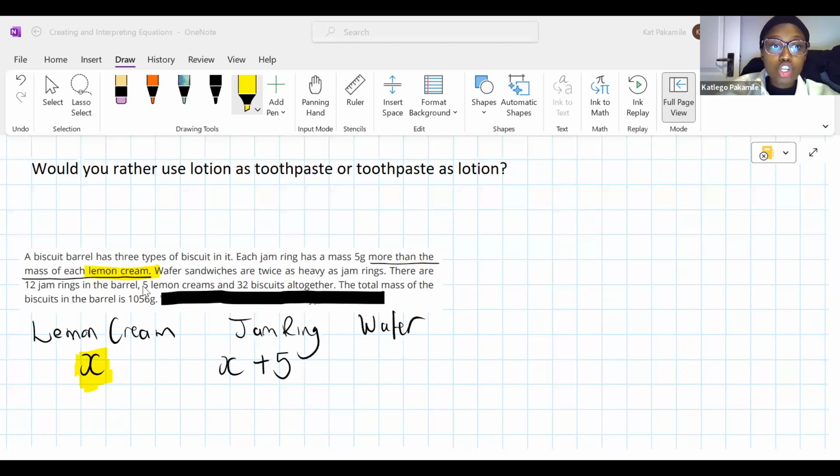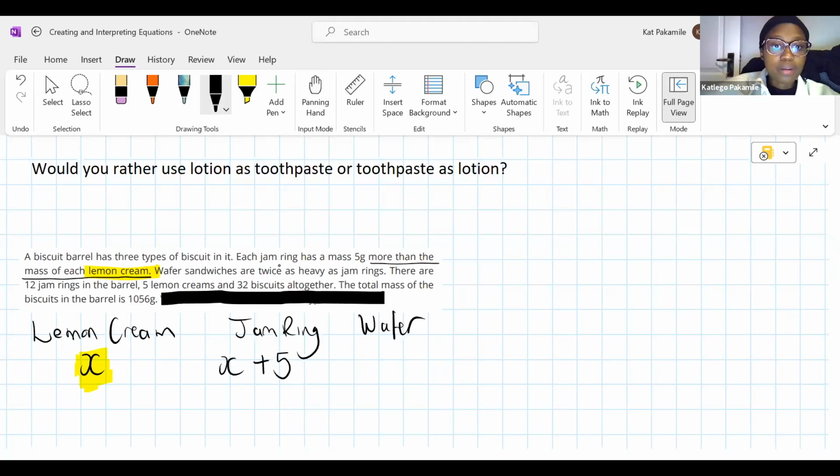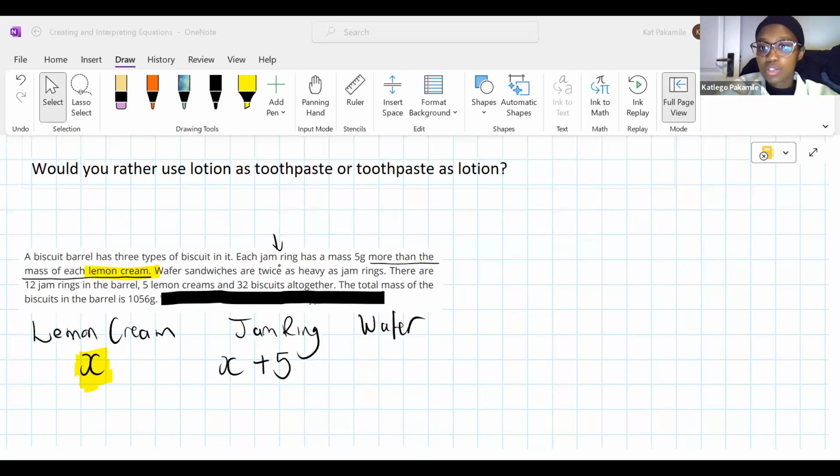No, it's unknown basically, so I chose X. Are you with me? You can choose any variable. I feel like you might be having some connection issues, but yes, you can choose any variable, and I chose X.